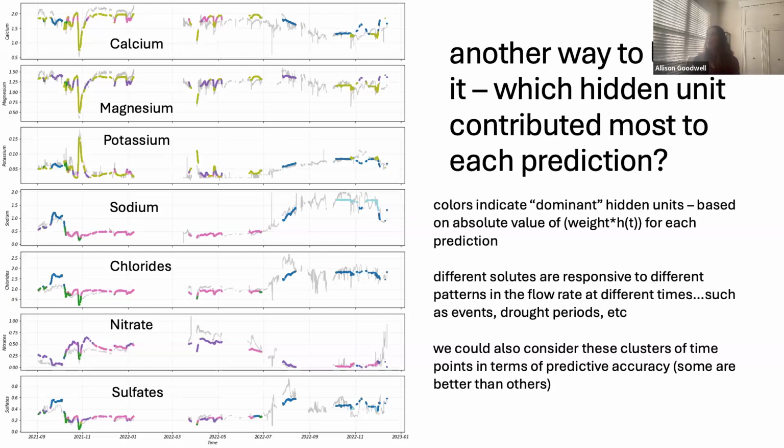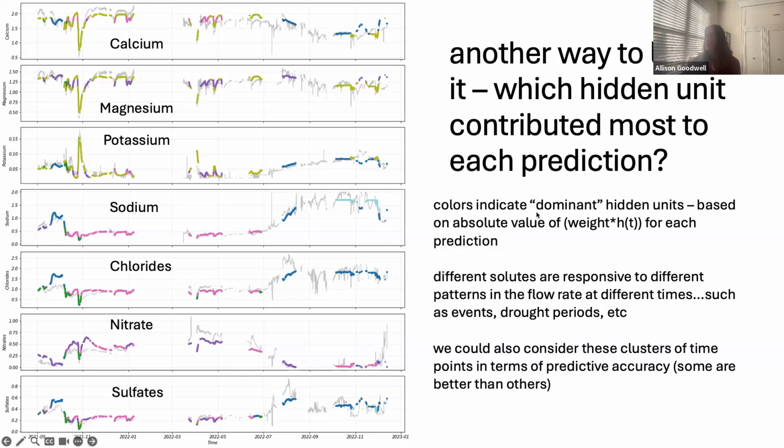Another way that I looked at it was looking at which hidden unit contributes most to each prediction. Here I was interested in getting temporally varying influences on these different solutes, and times at which their behavior is changing, or times at which the interdependency between them is changing. And this gets at it.